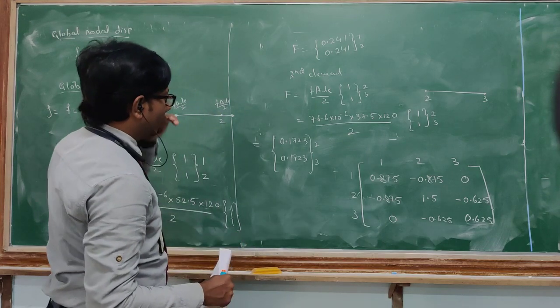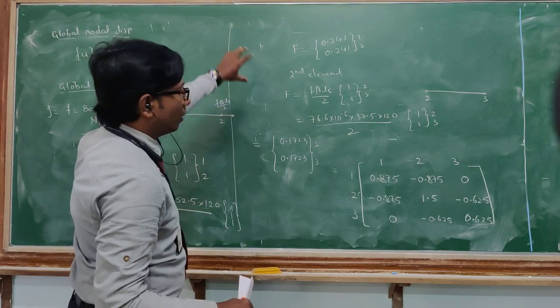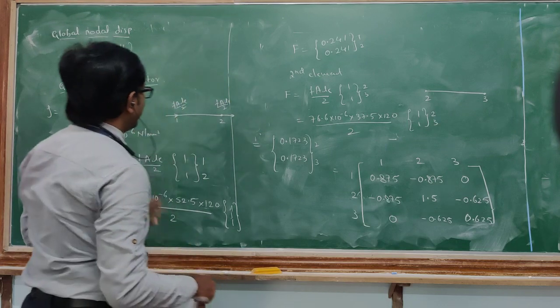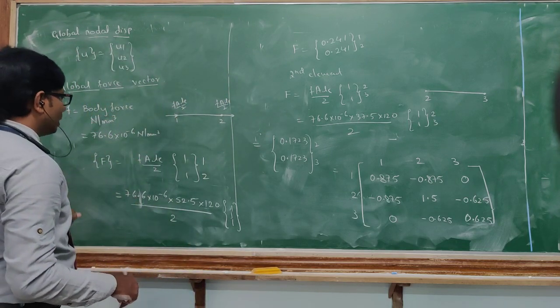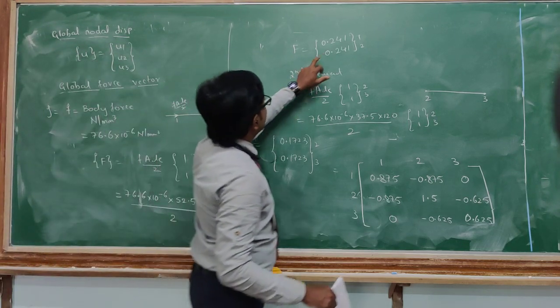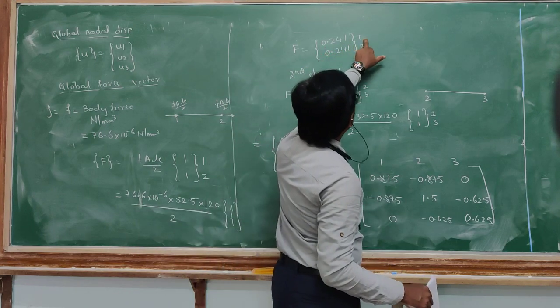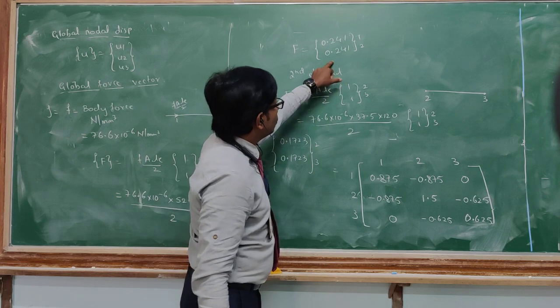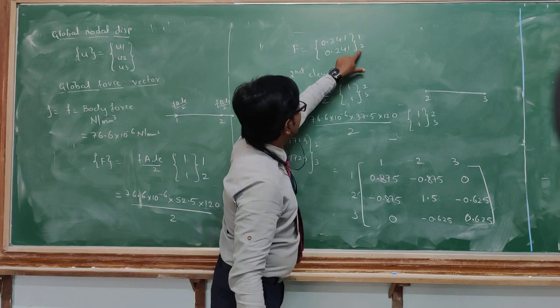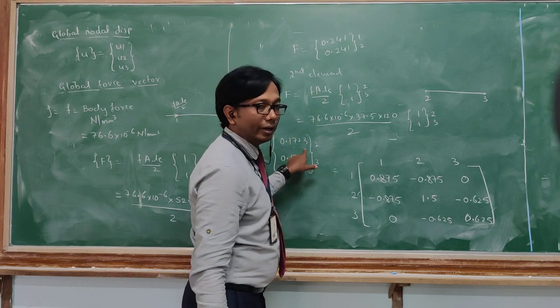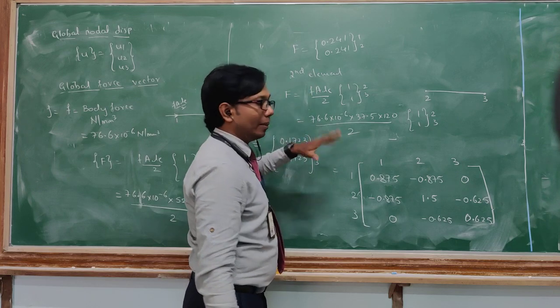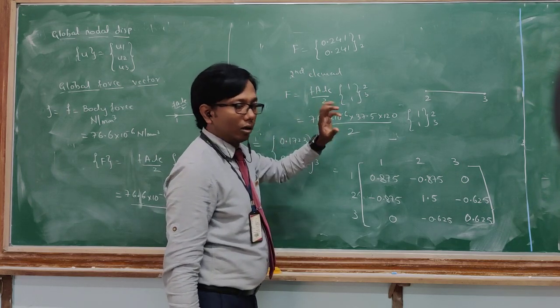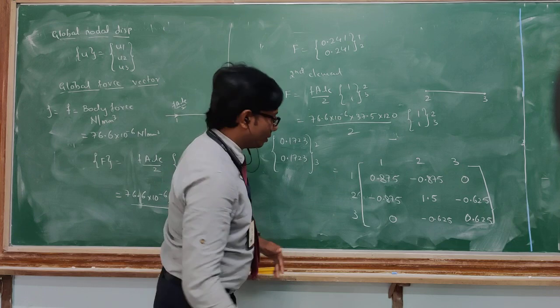Now you have to write the total load vector for only the body force. See here, this 0.241 is acting on node 1. When you look at node 2, it is 0.241 here as well as 0.1723 here. So you have to add them and make a 1, 2, 3 load which is acting.